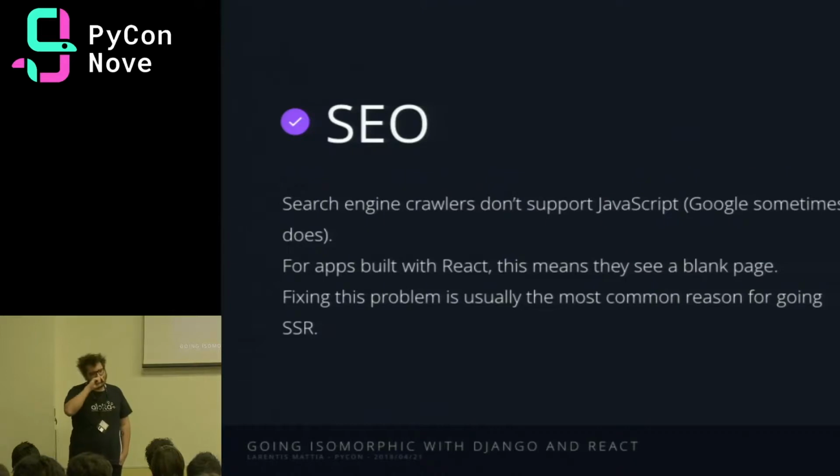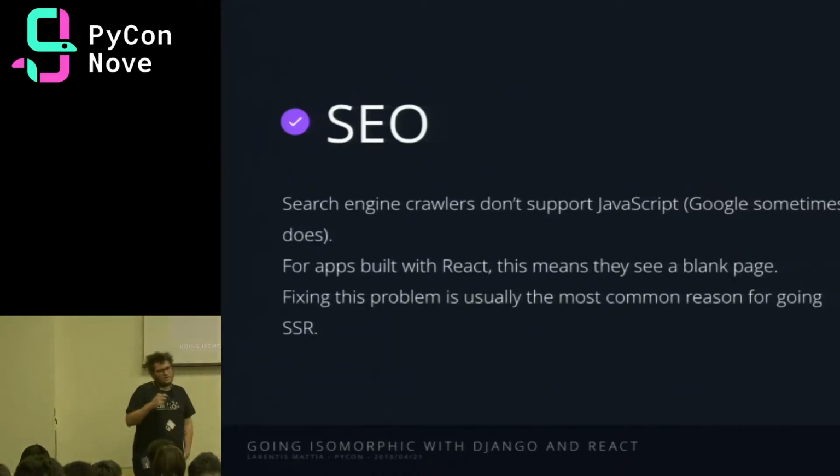But if your web page does not give information in the first page, like you have to do an AJAX request to get information to show, it means that all the crawlers but Google are not able to find this information. So if you write an application that uses only Ajax to get information, you will not be on Google, on Bing, and so on. So using server-side rendering can fix this.